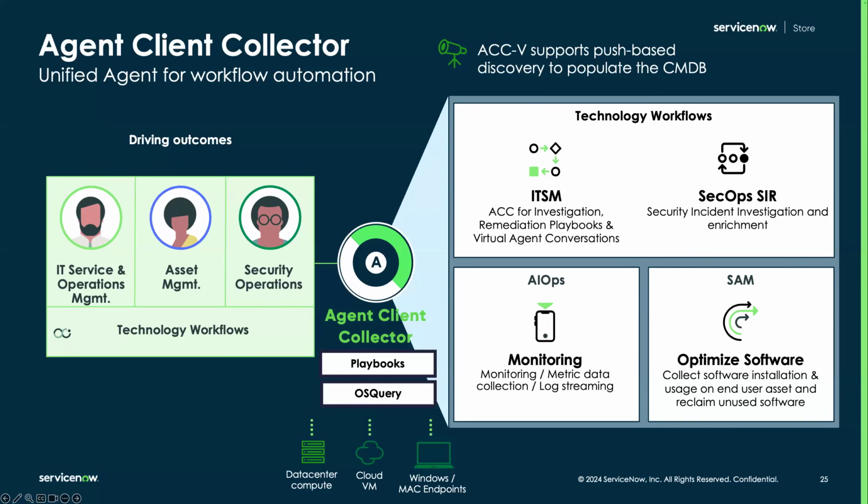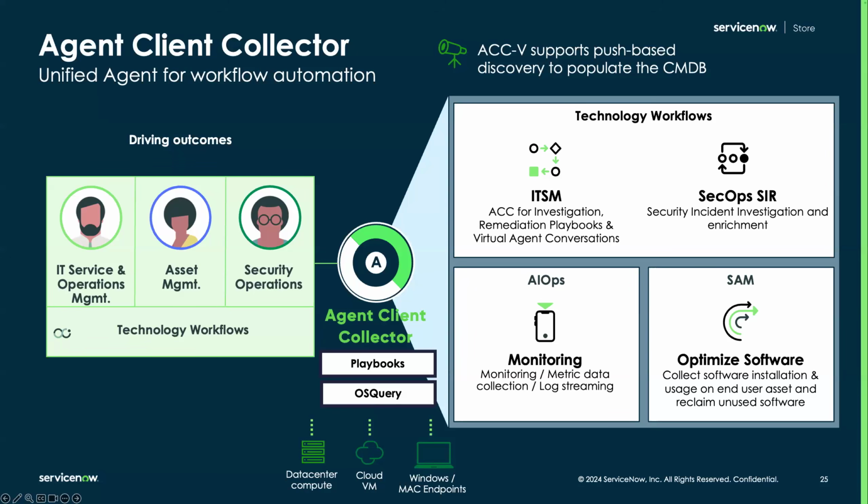The agent client collector will be your choice, or even auto-scaling resources in environments. Or even air-gap networks, right? If you have air-gap networks, you can still use the agent client collector and export your discovery logs and then filter them before you actually push them to your CMDB.